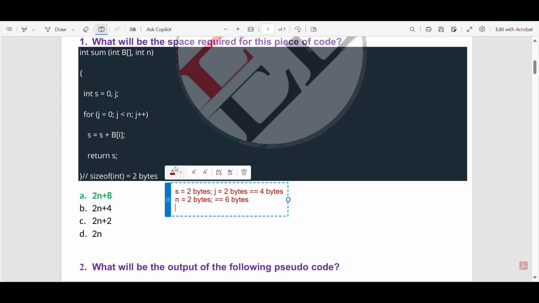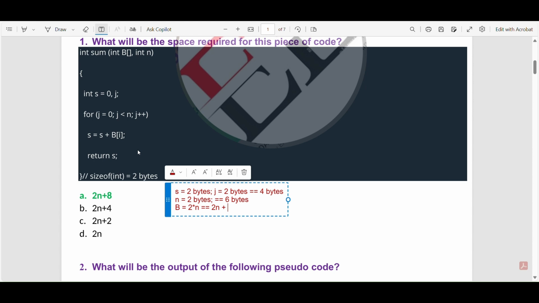Right. And after that we have j plus plus, that is already discussed. And next s, after that we have b. See, b is an array, and in that array we have n variables of data type int. So 2 into n, this is the space which is taken by b, which is an array.